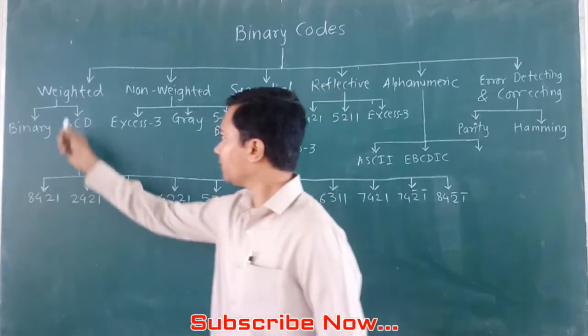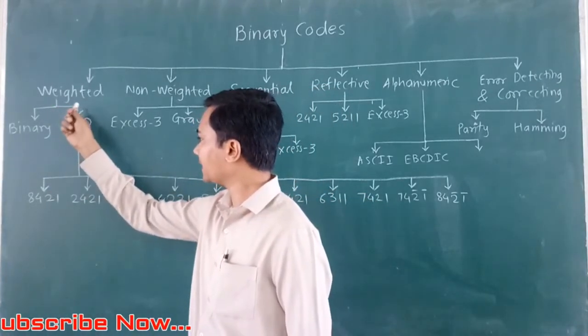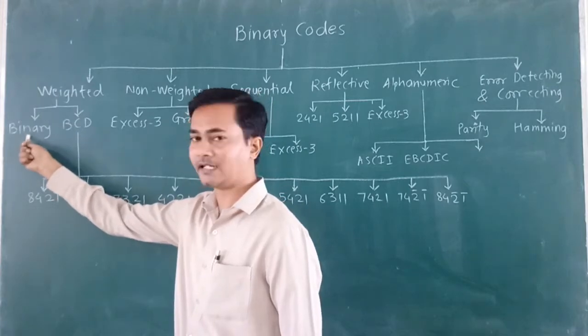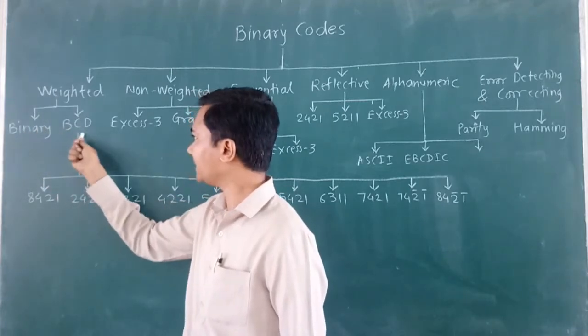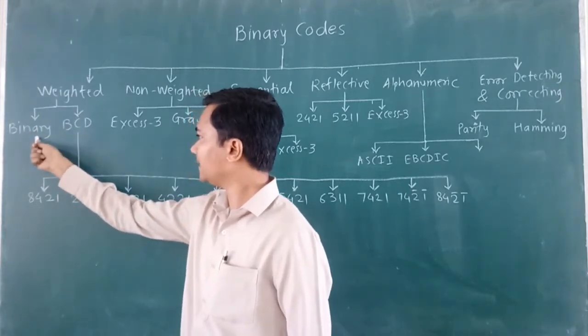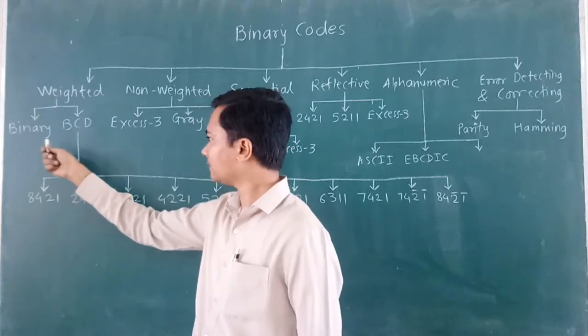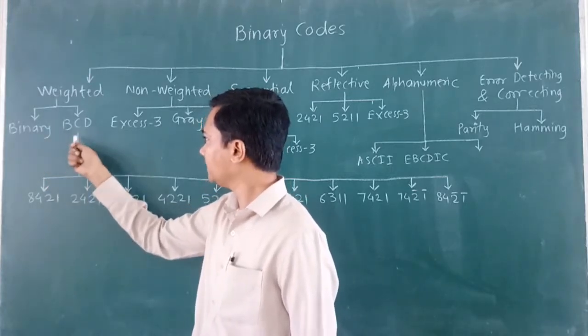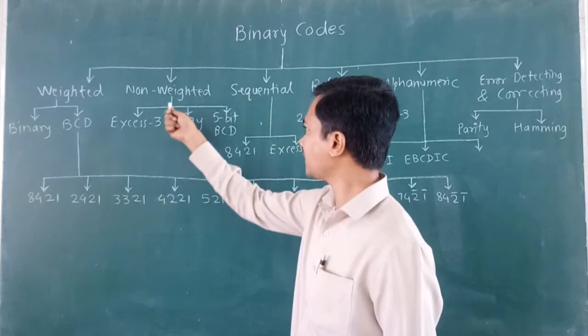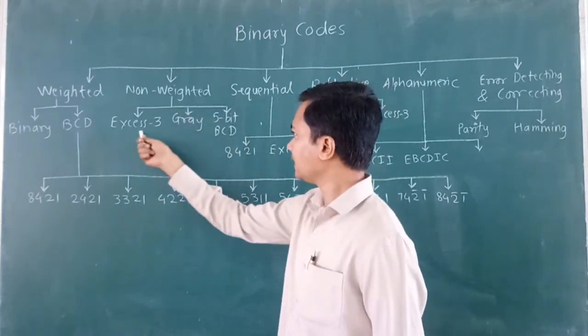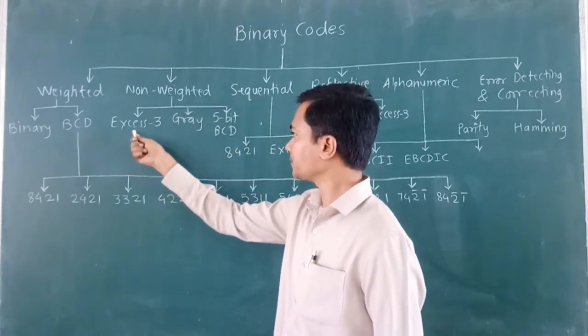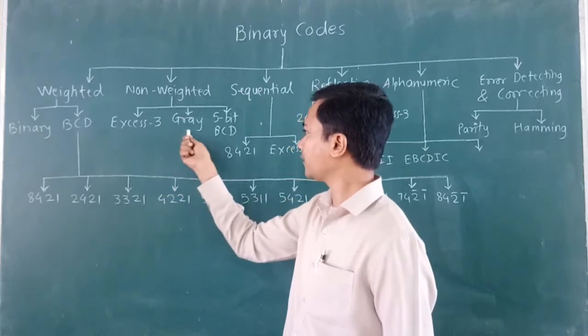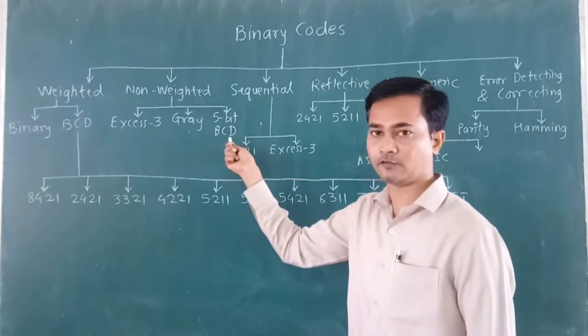Weighted binary codes again have two types, that is binary and BCD. Binary is simple binary and BCD. Next, under non-weighted code there are three subtypes: XS3 code, gray code and 5-bit BCD code.